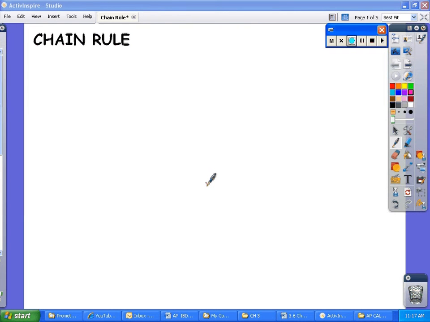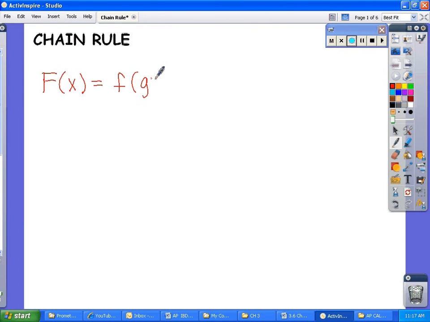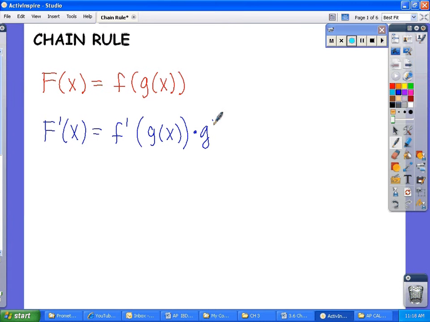Alright, to start off, let's talk about the actual chain rule. That's when you have a function which is a composition of two functions. In the textbook, the notation is the derivative of f, leaving the g of x on the inside, multiplied by g prime of x.